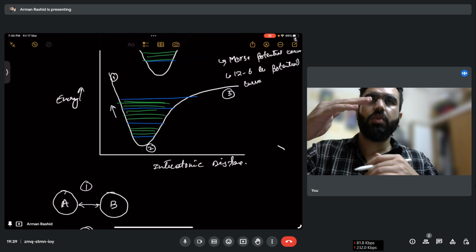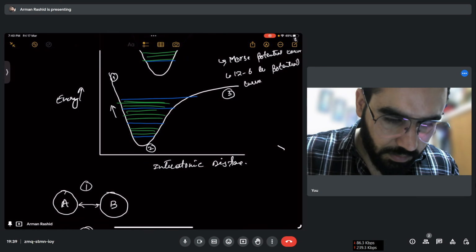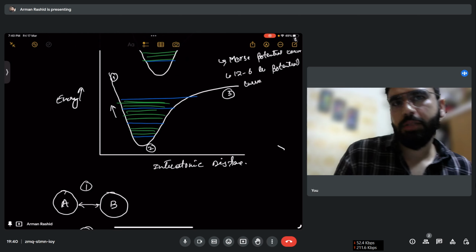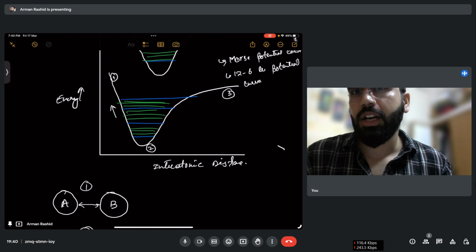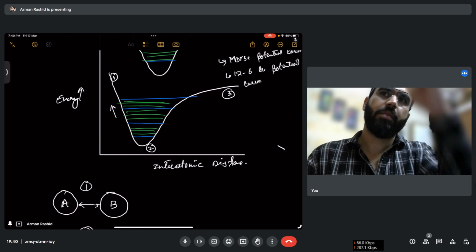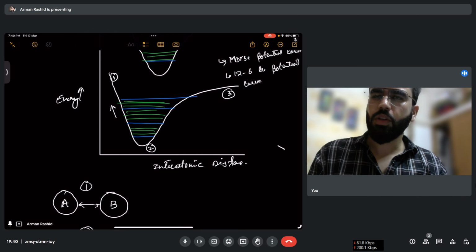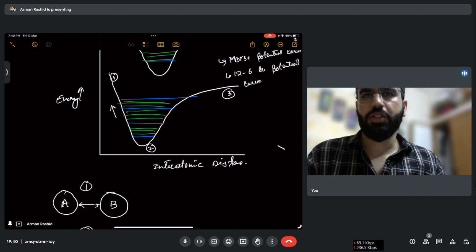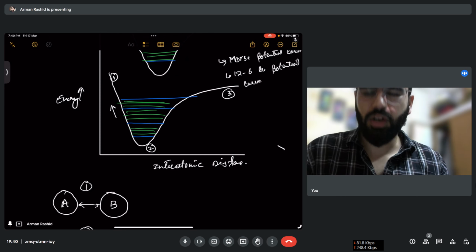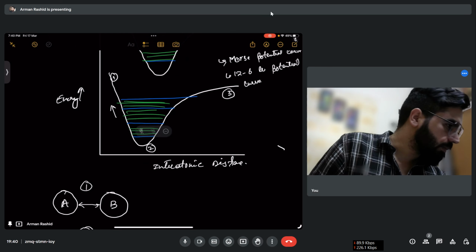As you go on increasing the number, there is anharmonicity in the vibrations. Similarly, the rotational states come closer to each other as we go to higher rotational states, because of centrifugal distortion.